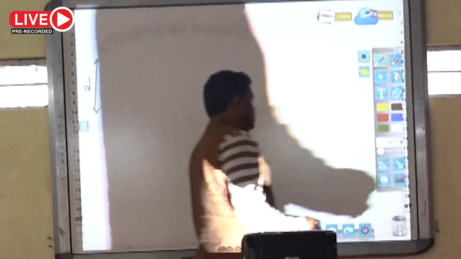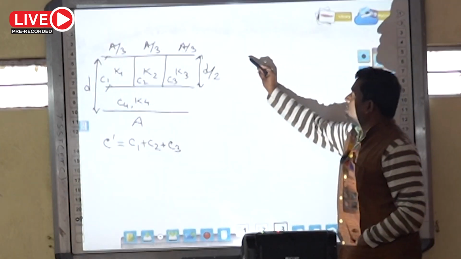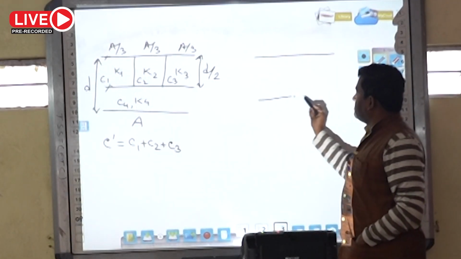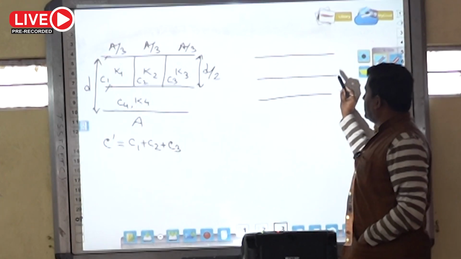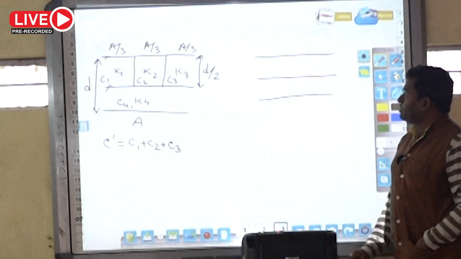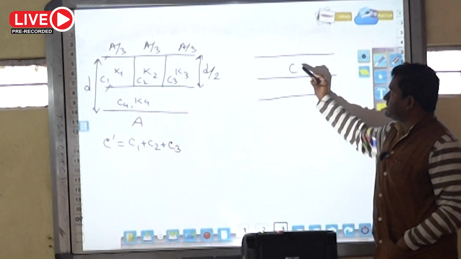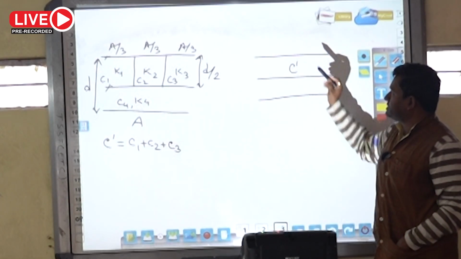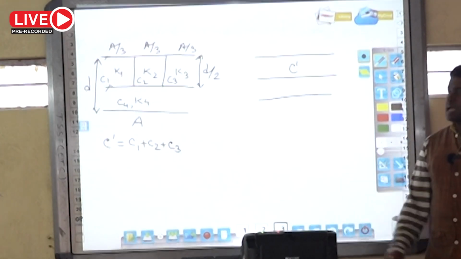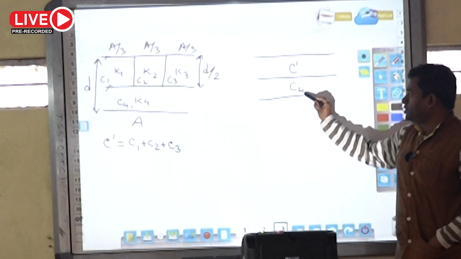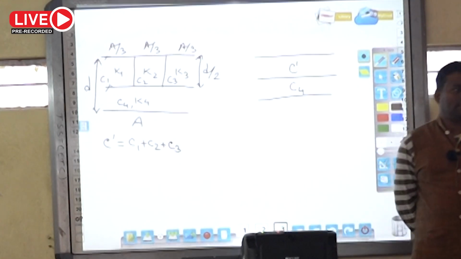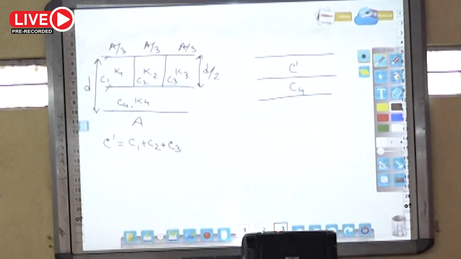Now we will draw the diagram again like this. Now we will consider that this one is a single capacitor having capacitance C prime, and this one is C4. Clear? So C1, C2, C3 are replaced by an equivalent, that is C prime, their parallel equivalent.